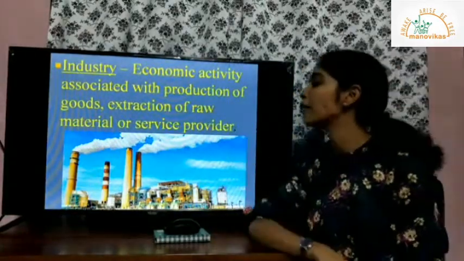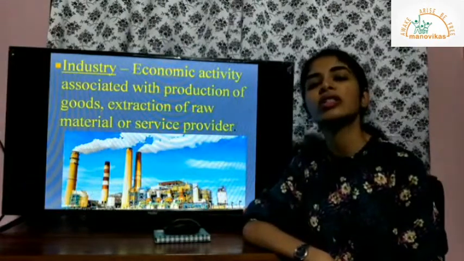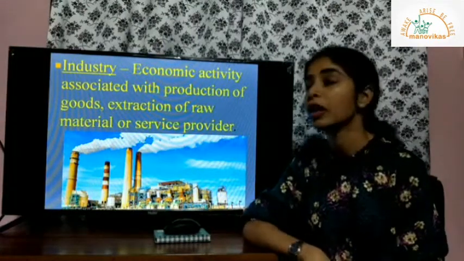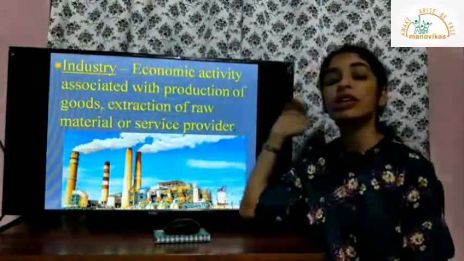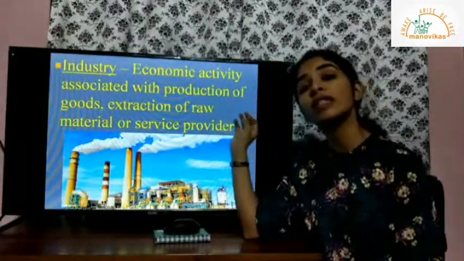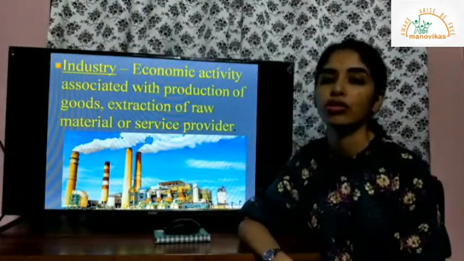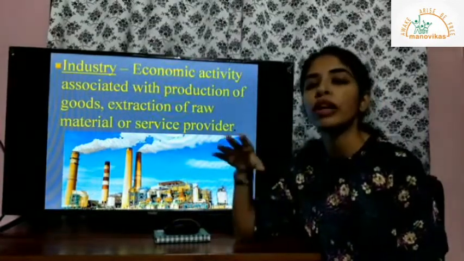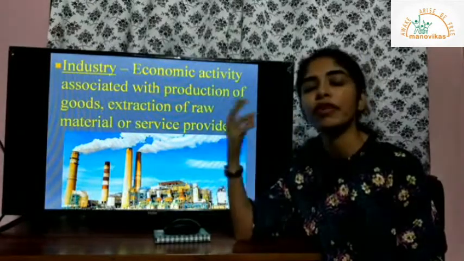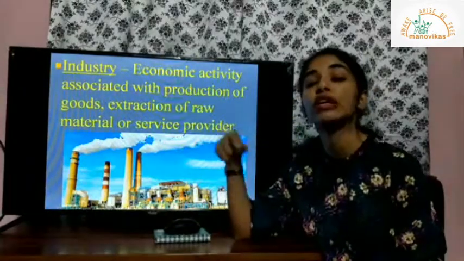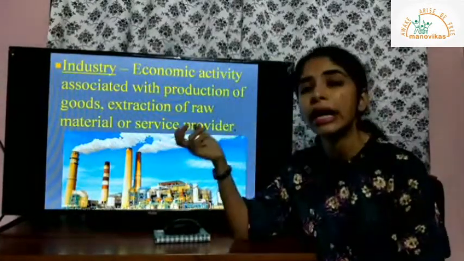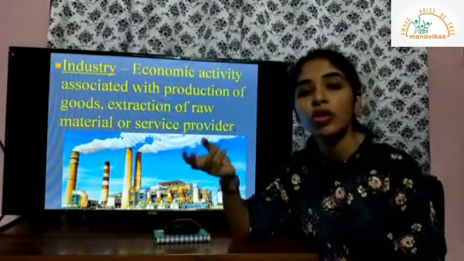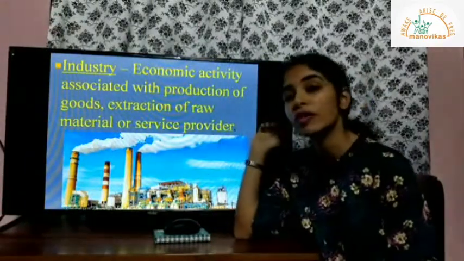And lastly, we have the service sector, or the service provider sector. Provision of services is also an industry. For example, tourism. We have tourists moving about in India or to different parts of the world. When they move about, they get accommodation service. So that's also a service sector.